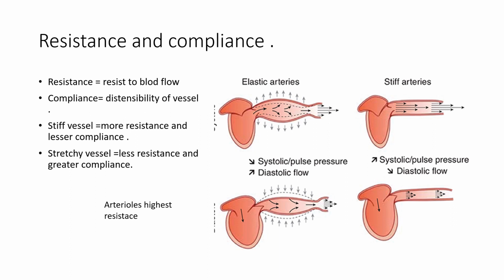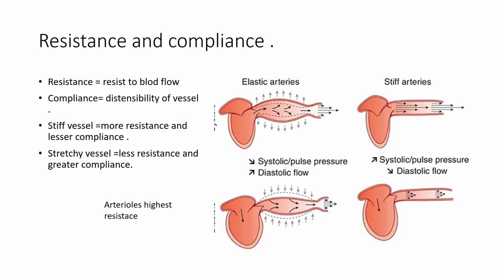That's why the blood pressure is very high in this kind of individuals. Stretchy vessels have low resistance and high compliance. These stretchy vessels are also called healthy vessels, and stiff vessels are called pathological vessels.